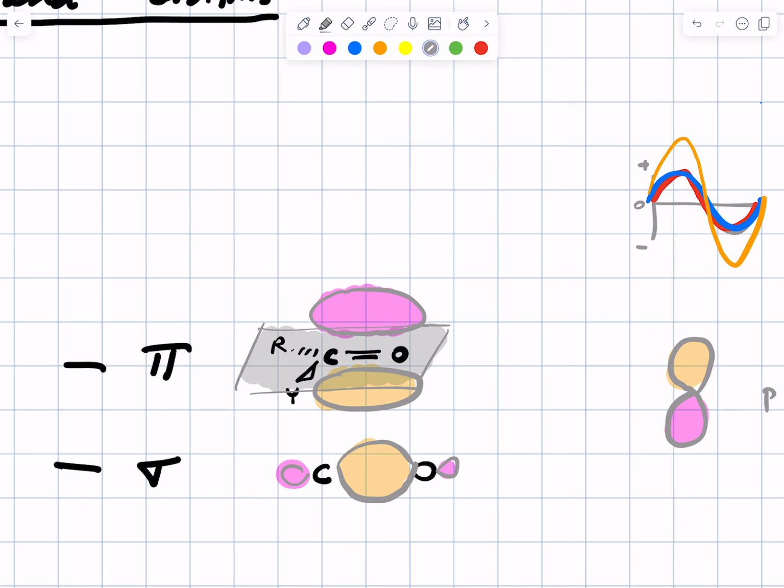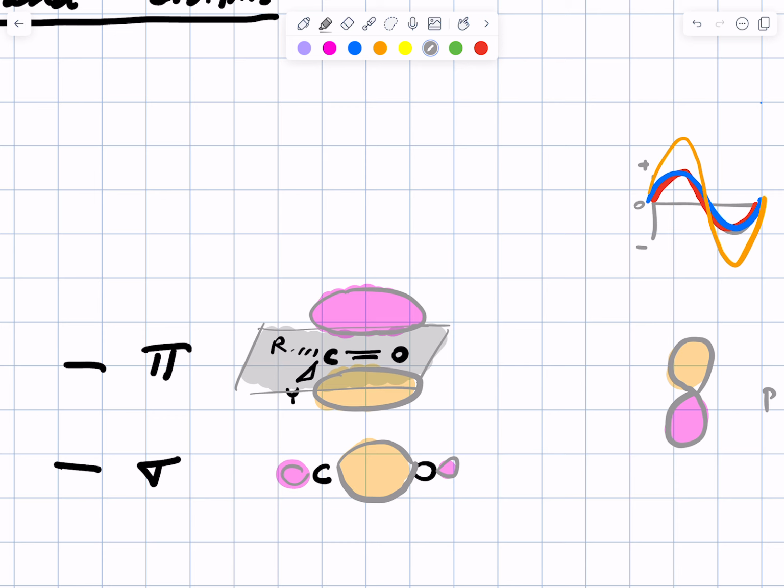It turns out because oxygen and carbon don't have the same electronegativity, the orbital looks a little bit different than that. So we need to correct this drawing a little bit. Oxygen is more electronegative than carbon. What that literally means is that electrons are lower in energy or more stable on oxygen than they are on carbon, which means electrons in this pi bonding orbital are going to lean towards the oxygen.